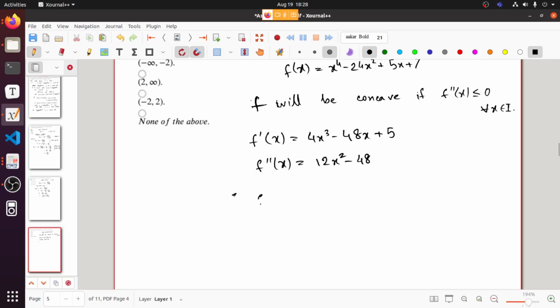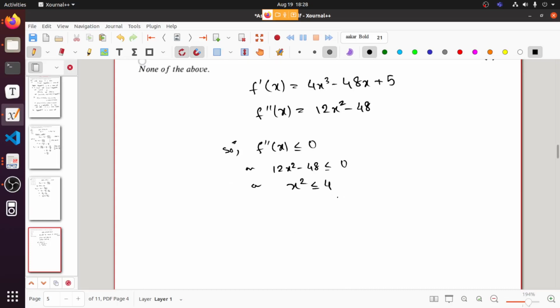So 12x square minus 48 is less than or equal to 0 means x square is less than or equal to 4. Then x should lie between minus 2 and 2, right? Because if it is outside both minus 2 and 2, then x square will be greater than 4. So x lies between minus 2 and 2. In this region f will be concave.